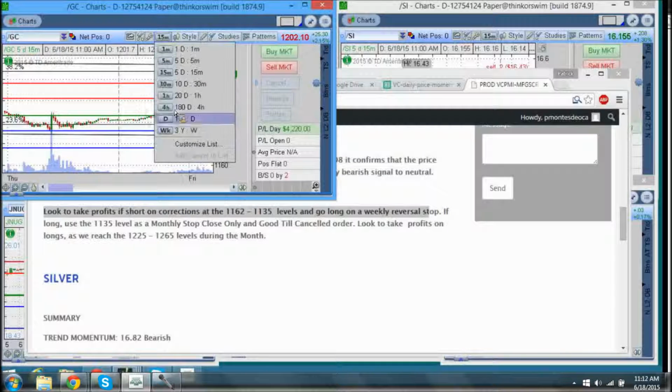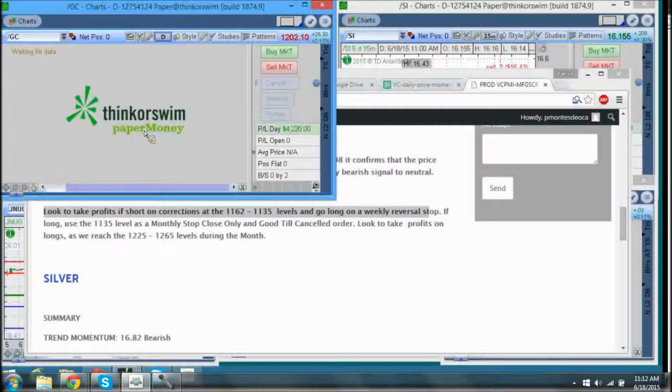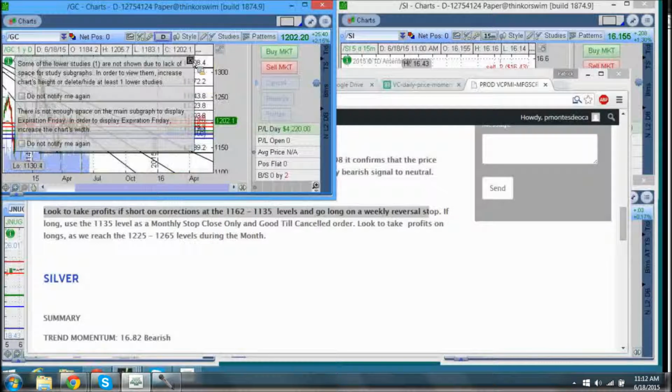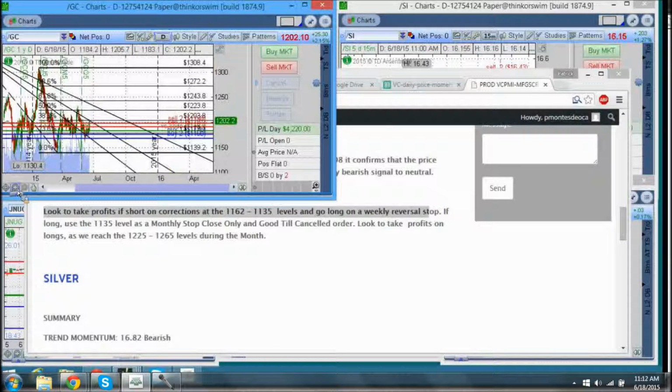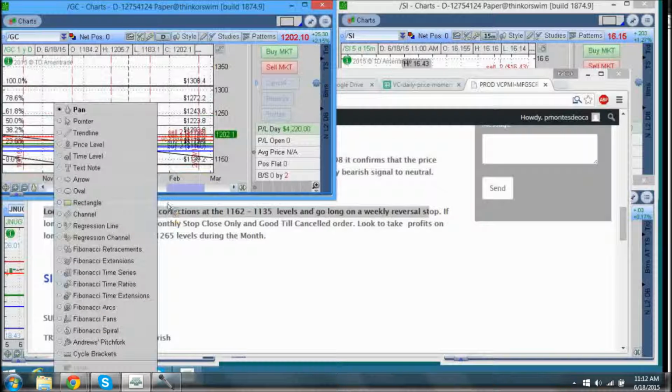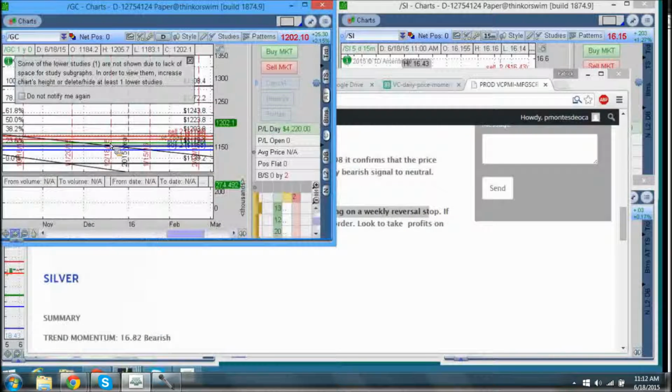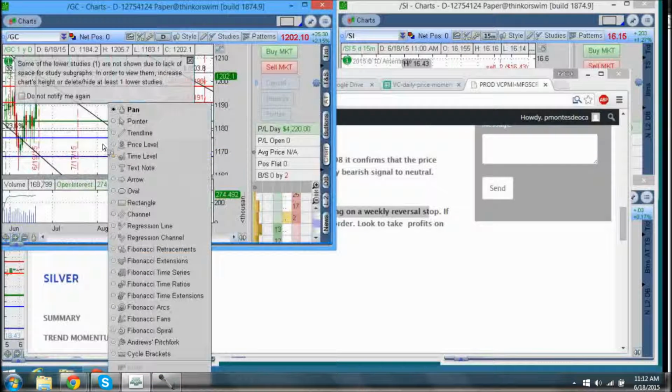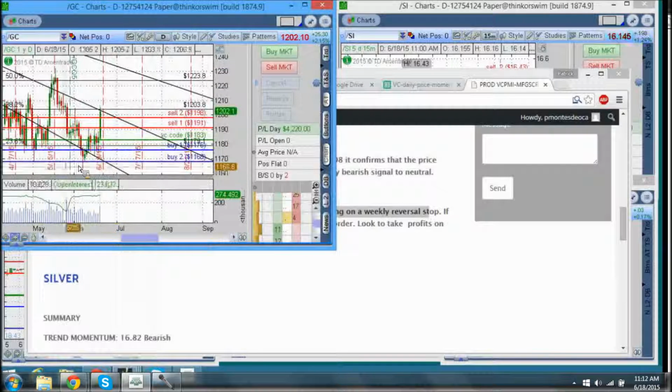I'm going to put the daily chart just to review the signal, because it is important for you to see how the algorithm was able to anticipate this level here.